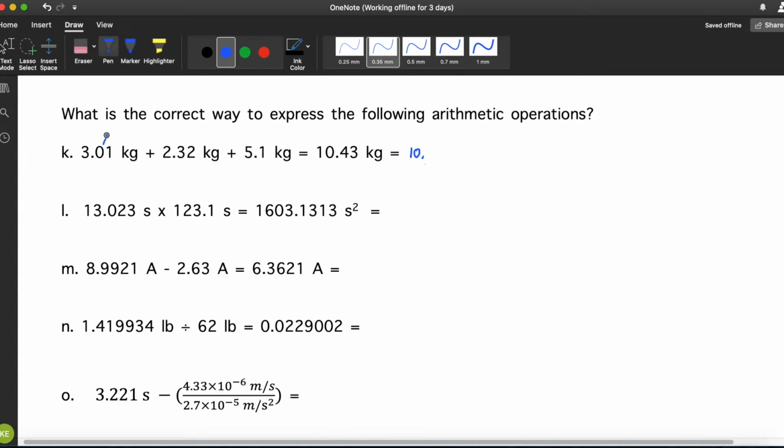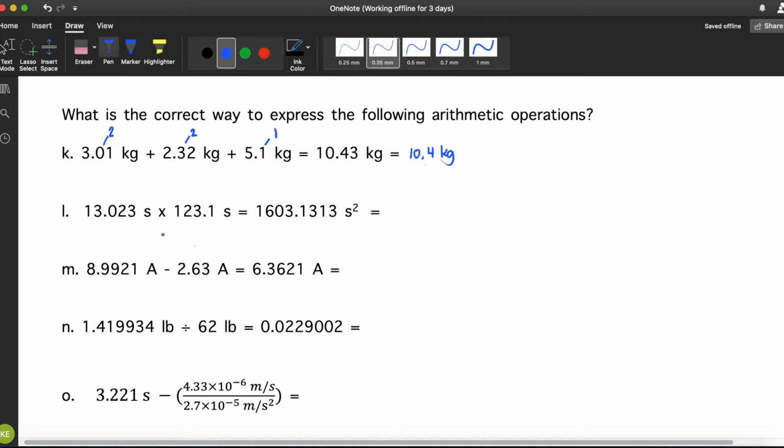This one has 2, this one also has two, and this one has one. Therefore, this one has the least number of digits after the decimal point. So our final answer would be 10.4 kilograms.